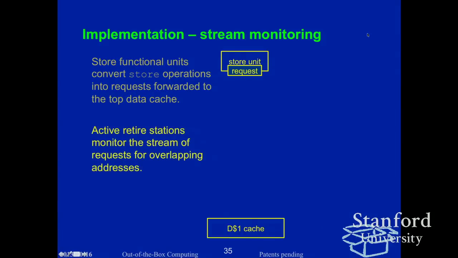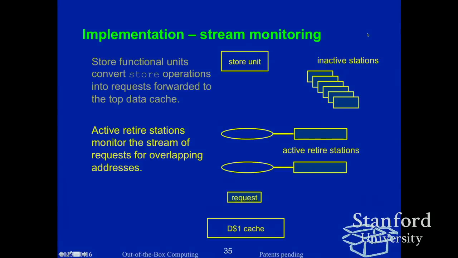Meanwhile, any active retire stations are monitoring the stream of store requests, looking for aliases. There's probably some inactive stations, but the active stations are going to be looking at the store requests as they flow by.